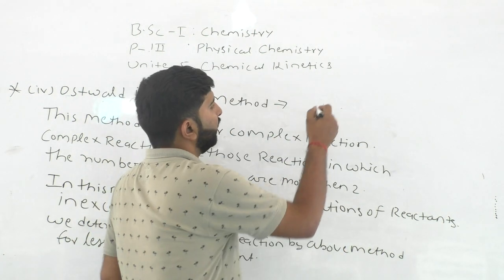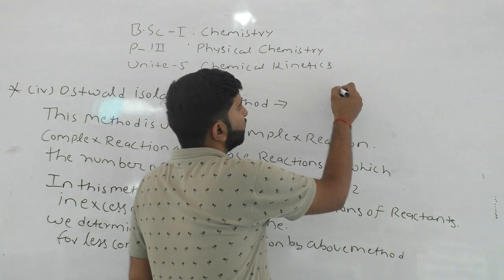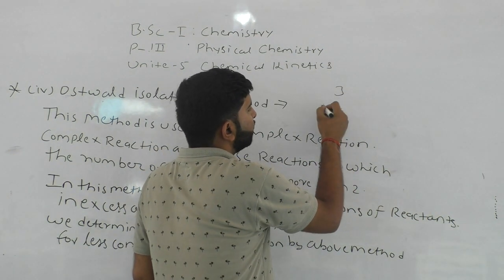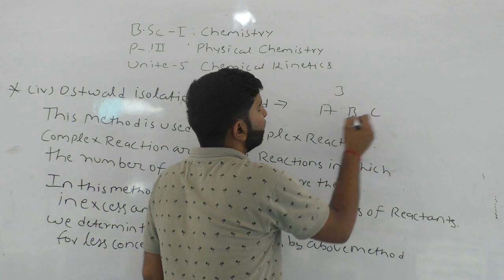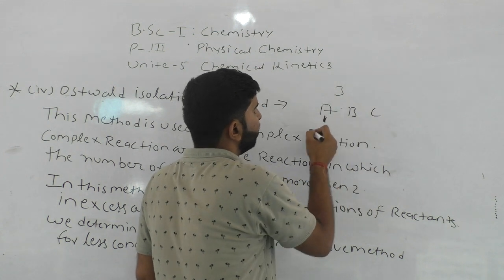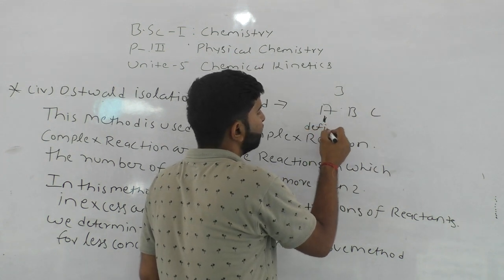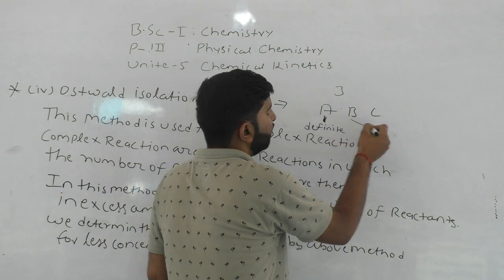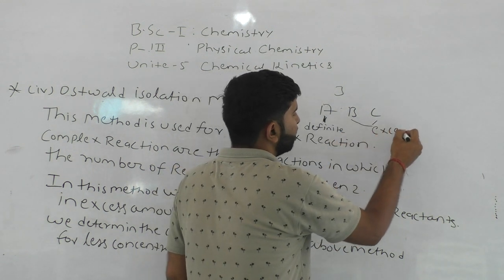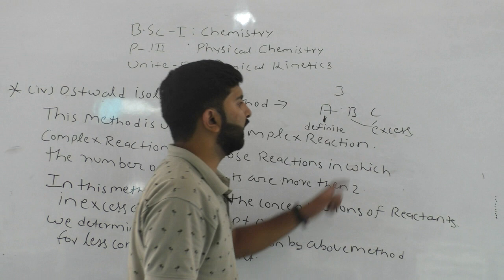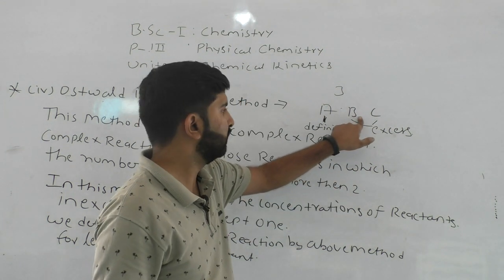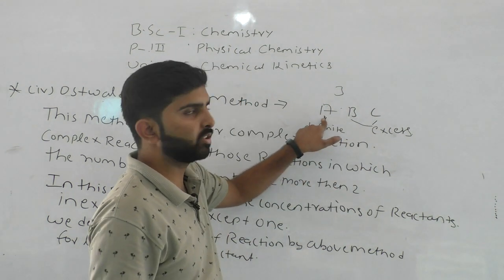Means if the number of reactants is 3, which are A, B and C, first we take this one in a finite amount and those in excess amount. We know that the rate of reaction doesn't depend on them, it only depends on this.